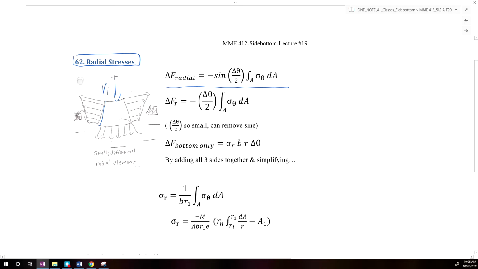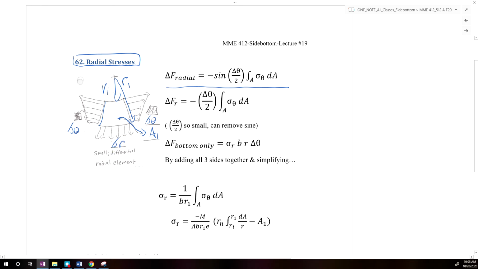It'll have an outer radius, or a radius at a given point, which we'll call point R1. The area going from the inner radius to that point will be called area A1, and then it will have our tangential stress sigma theta on both sides of the element, and then we'll have our radial stress sigma r.